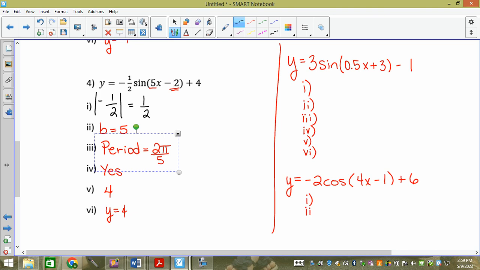Just so you know, the cosine doesn't change anything. Still all done the same.